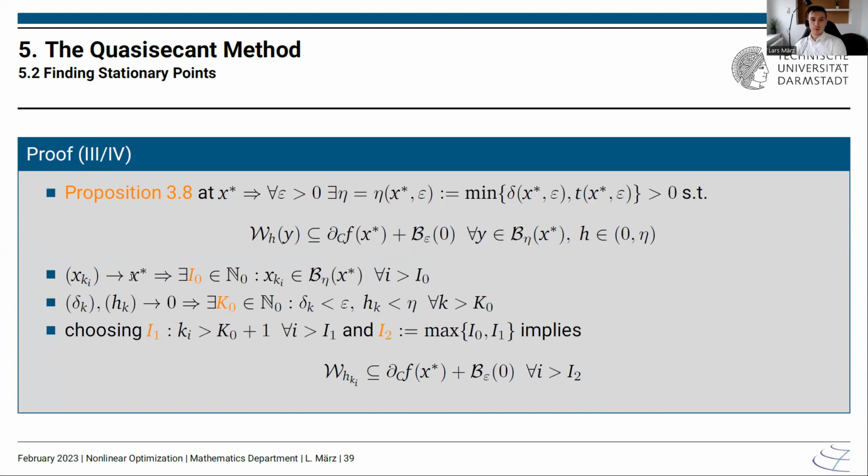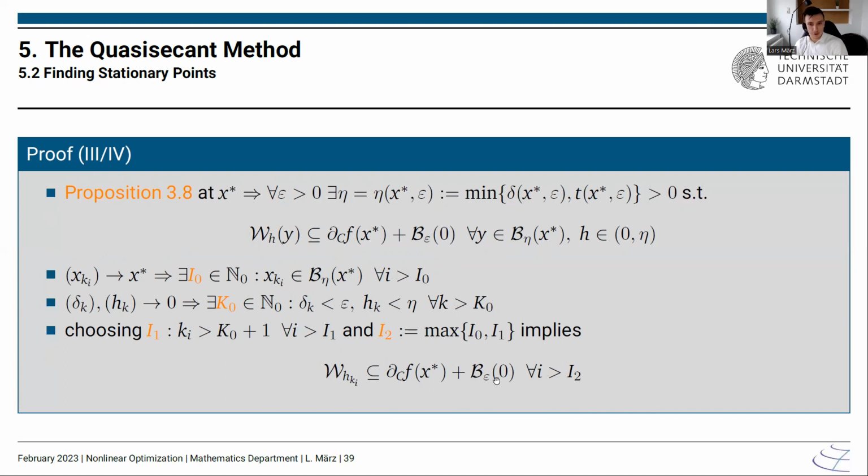Now we also need an index I1 such that the subsequence index k_i is larger than k0. So we do this translation from subsequence to sequence. And then we take the maximum of I0 and I1, and taking the maximum, we can combine all of these properties, because now we are actually far enough down the line for all of them.